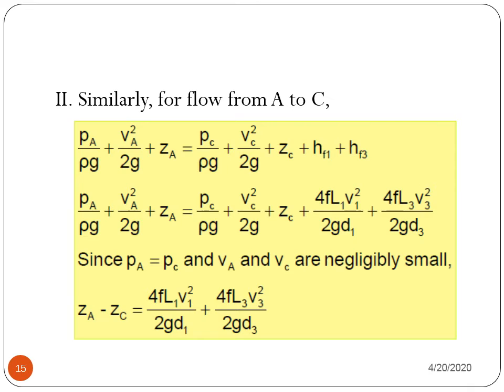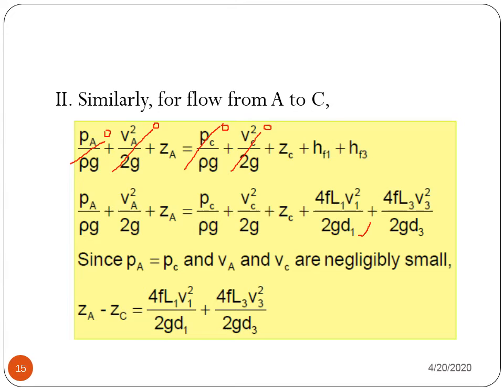For this equation, we will cancel out PA over rho g and also PC over rho g, since at C the reservoir is exposed to the atmosphere, so P_atm equals 0. Then the same goes for the velocity head, because it is very small at the reservoir, same goes to VC. So we expand the equation for HF1, which is f L V squared over 2gD.